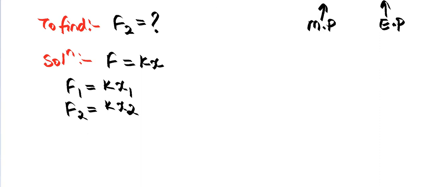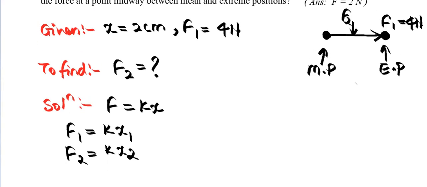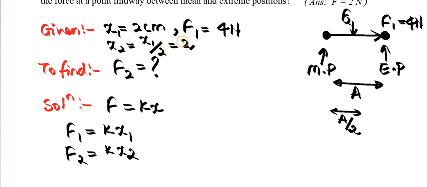The value of my x2 is half of the amplitude, because in the diagram you can see that my total amplitude from this point to this point is going to be A, and at F2 it is going to be half of its amplitude, that is A by 2. Then if x1 is equal to 2 centimeter, what will be my x2? My x2 will be equal to half of x1, that is x1 by 2, which is equal to 2 by 2 is equal to 1 centimeter.